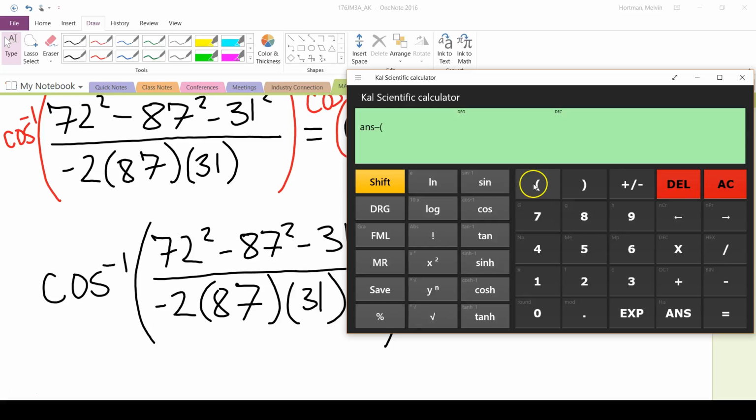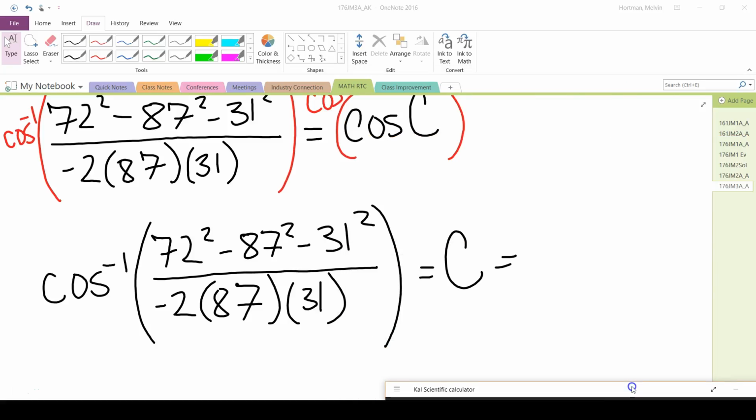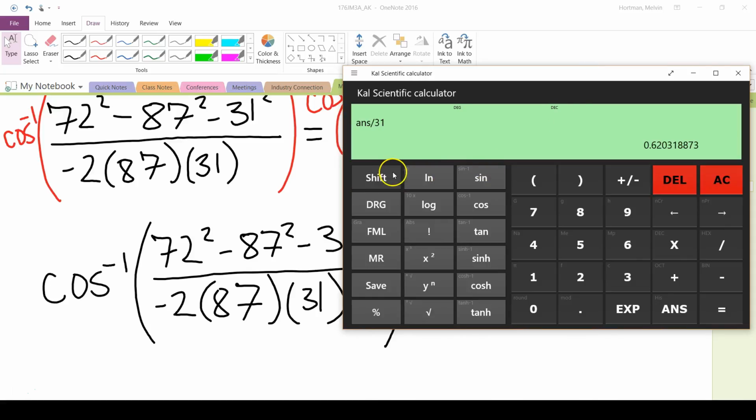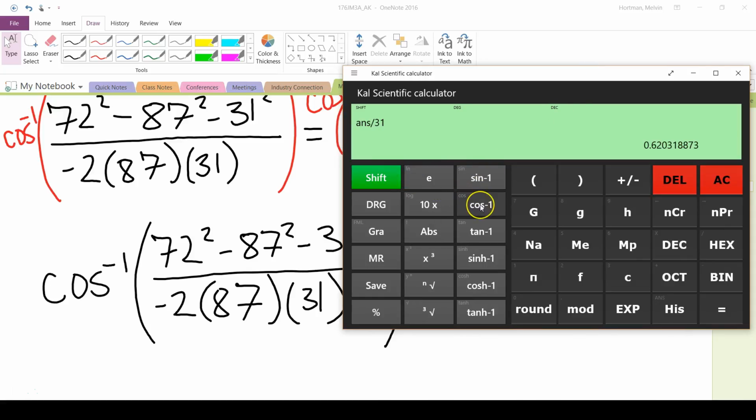Minus 31 squared. And then I'll divide by negative 2. And that changes it positive. Divided by 87. Divided by 31. And then we'll take the inverse cosine of that result.